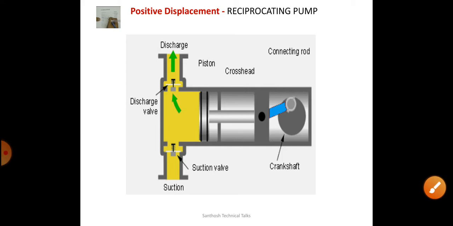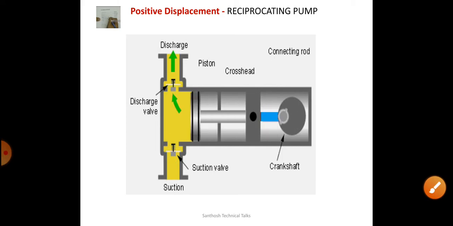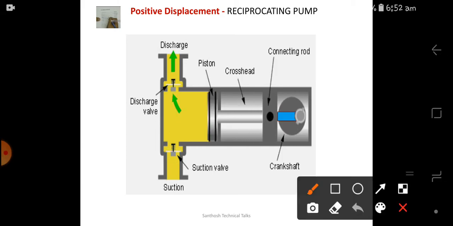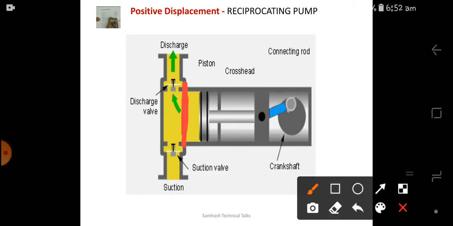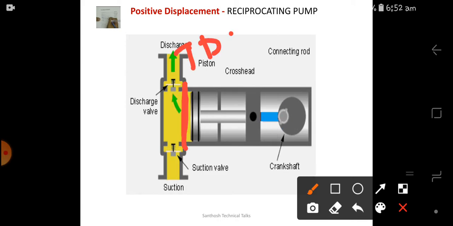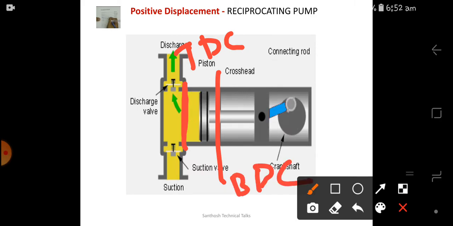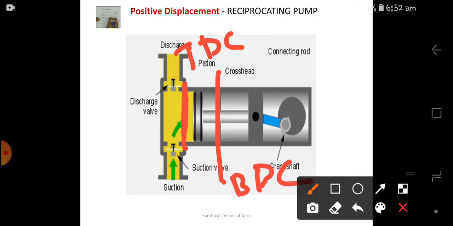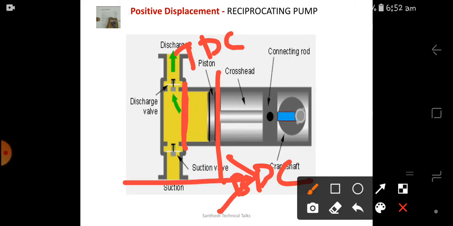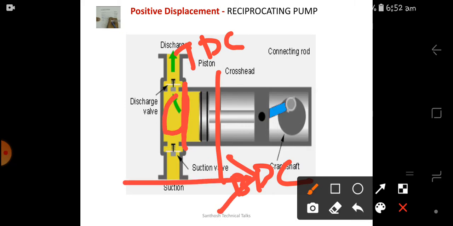What happens? I would like to explain the working. What happens if the piston is at top dead center? Say this is the top dead center and this is the bottom dead center. When the piston moves from the top dead center to bottom dead center, a vacuum is created here.